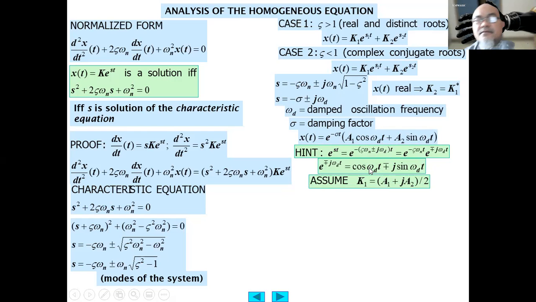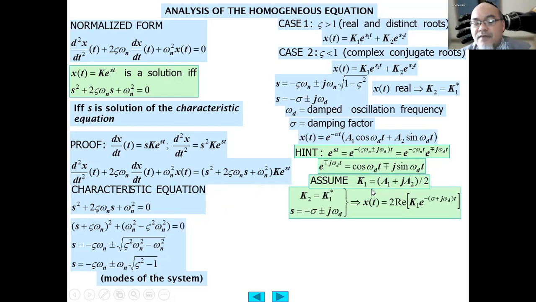where k1 equals a1 plus j a2 divided by 2, and since k2 is the complex conjugate of k1, and s equals minus sigma plus minus j omega d, k2 equals a1 minus j a2 over 2.